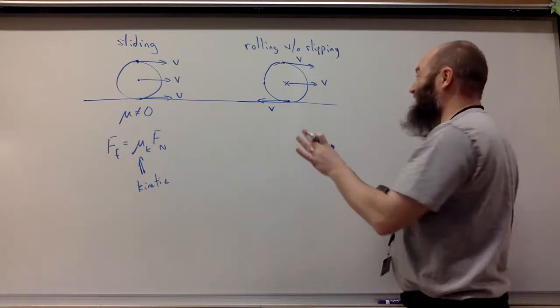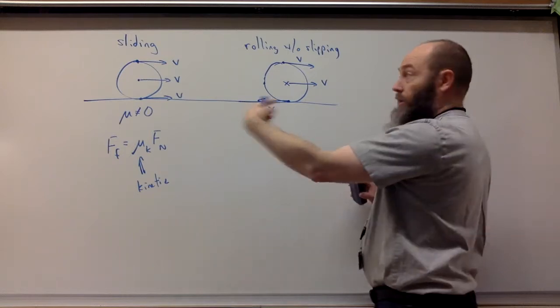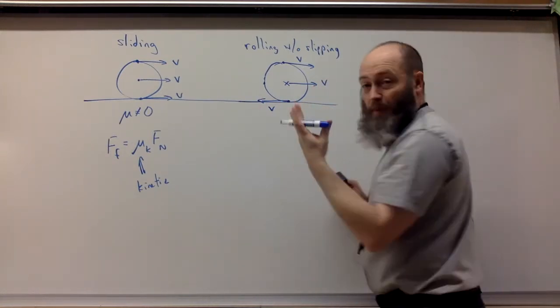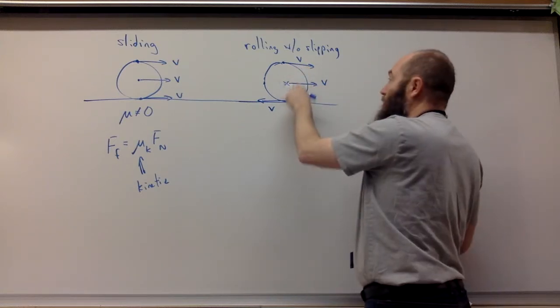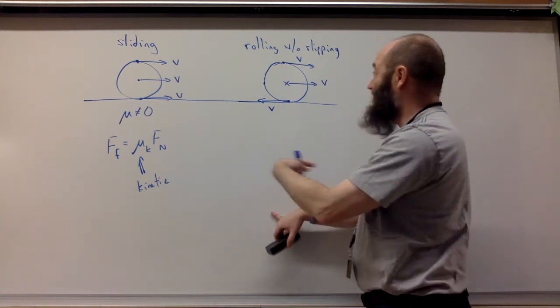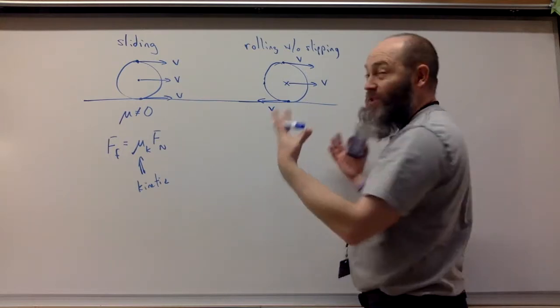If you take a look here, well, the center is moving with the speed of v to the right with respect to a person not on it, or with respect to the ground. The top, though, would be moving with the speed of 2v, just like our person on the moving sidewalk moving with the sidewalk. So the top would be moving with the speed of 2v to the right, which also makes sense.